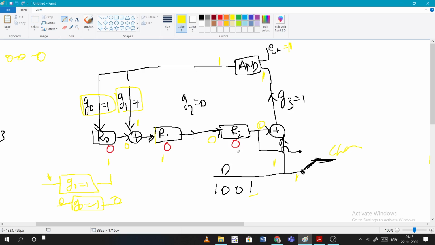So at R2 it is 0 only, right? At R2 also 0. Now what happens? This 0, which is here initially, should be entered into this. That means this 0 should be coming out. So it will be coming out like that. So initially what are the values of R0, R1, R2? Now the values are 1 1 0.